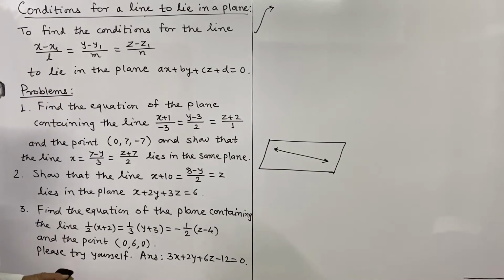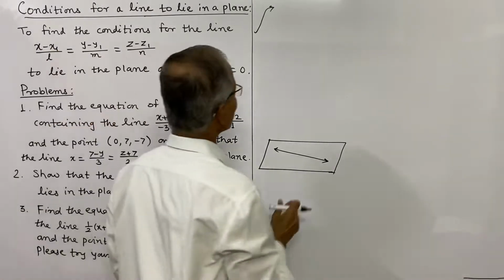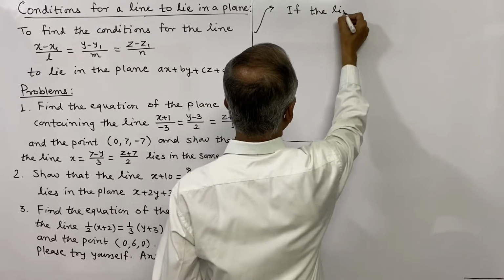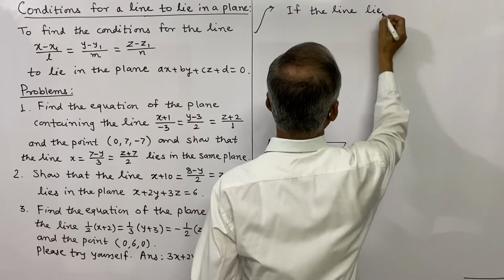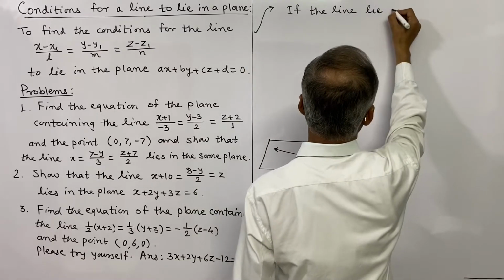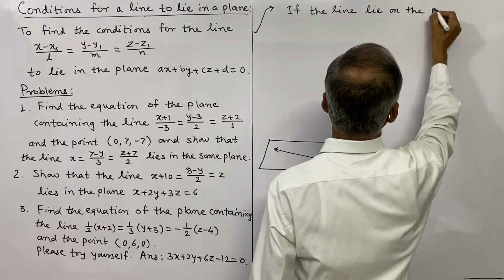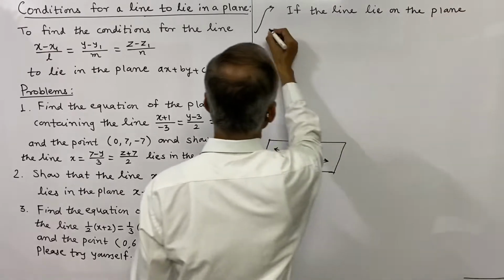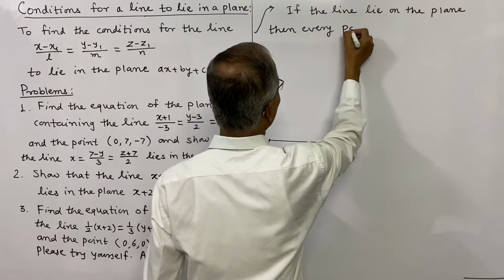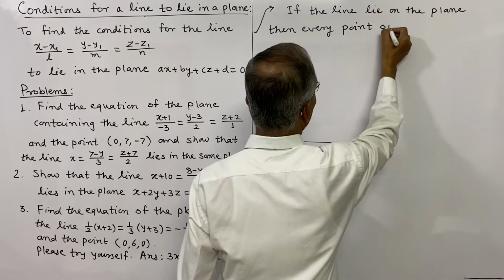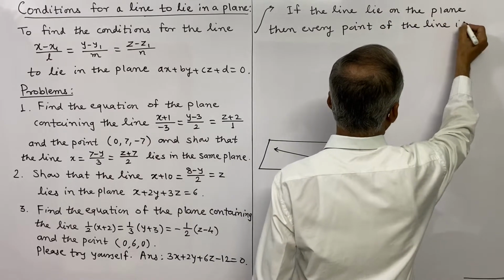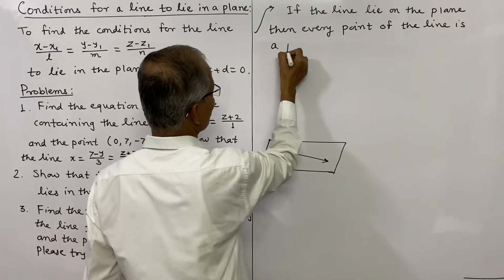If the line lies in the plane, then every point of the line is a point of the plane.